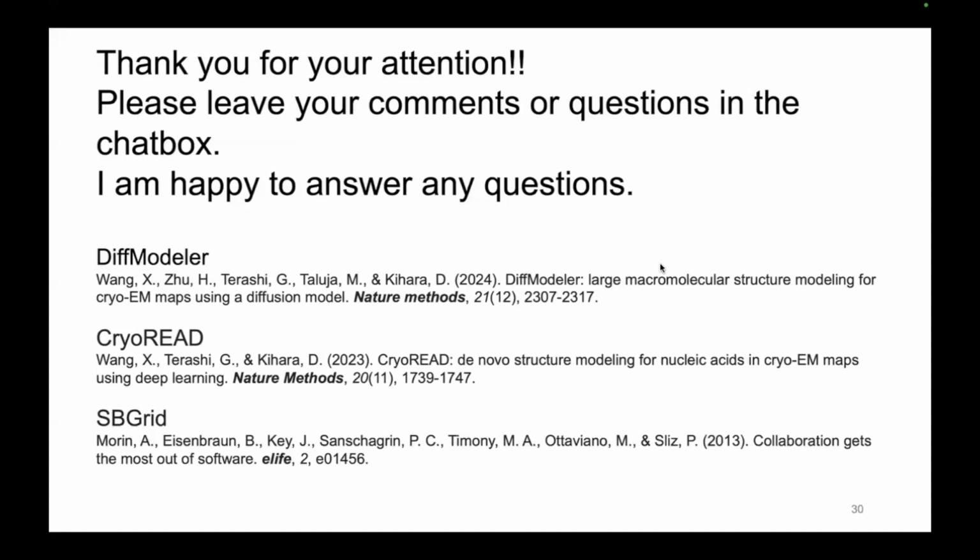Sometimes the structures are a little bit different, or some shifting happens, or domain orientation is not accurate. In that case, current DiffModeler cannot fix those problems, since it's rigid body fitting. So it really depends on the resolution and also the accuracy of the AlphaFold model.